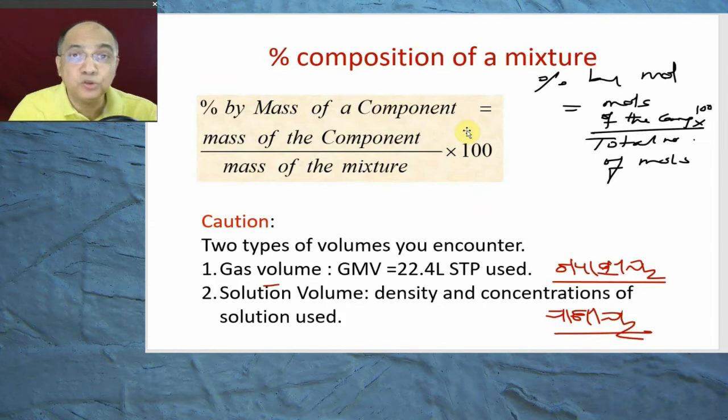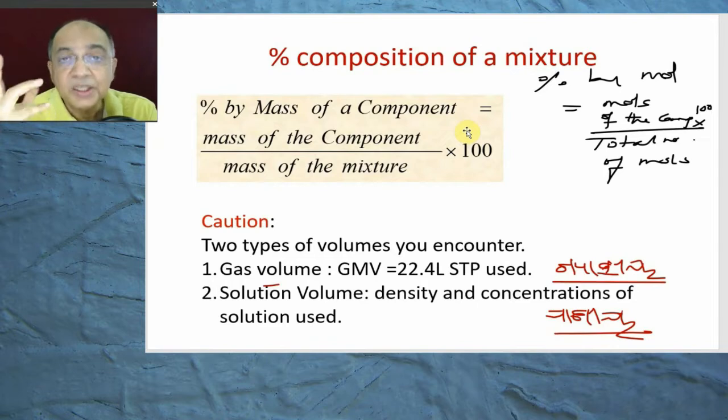Now, so far you already have a clear knowledge about percentage composition. Either it will be mass percentage or mole percentage, and they should not be confused with one another. Mass percentage and mole percentage are never the same if the elements are different.